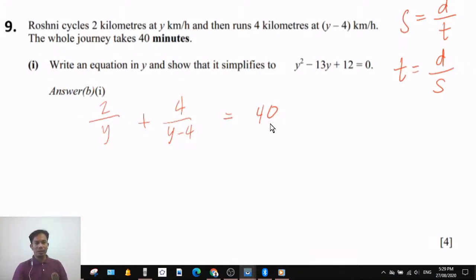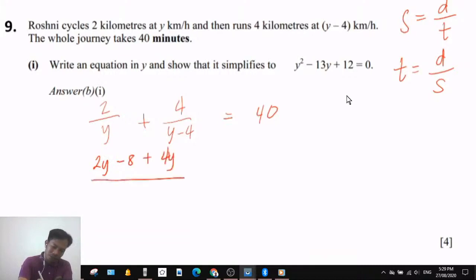Write an equation in y, show that it simplifies to y squared minus 13y plus 12 is equal to 0. This will become 2y minus 8 plus 4y divided by y squared minus 4y is equal to 40.